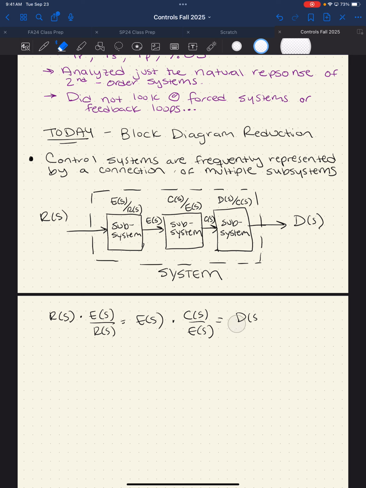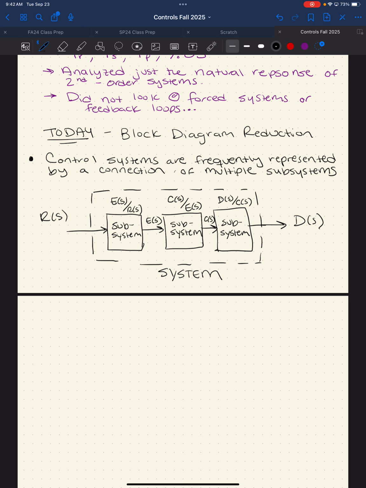What is a reduced way of getting the transfer function of everything within this larger system? Just D of S over R of S? Kind of. D of S over R of S. What would I need to do to get that? Multiply each transfer function by each other? Multiply all the transfer functions.